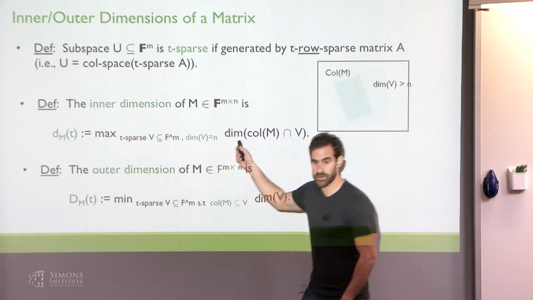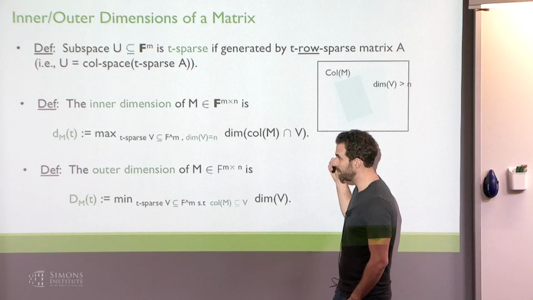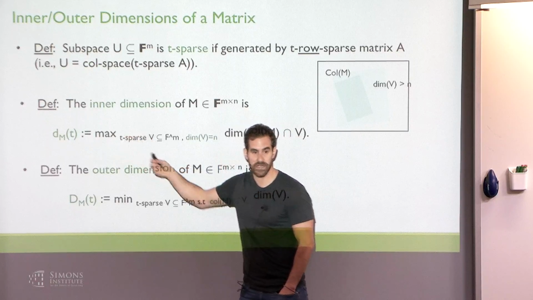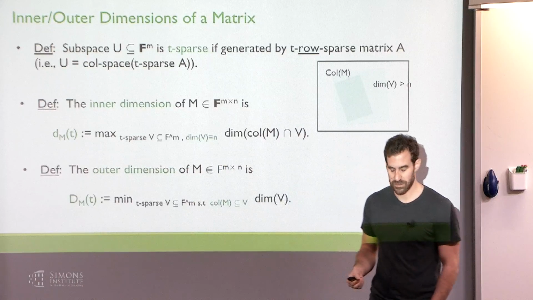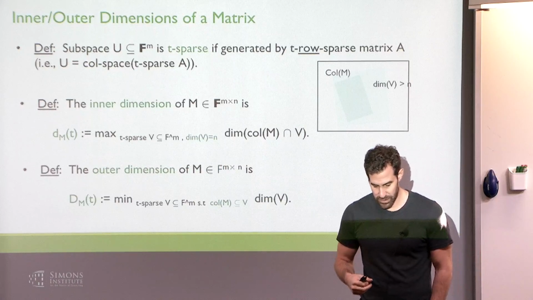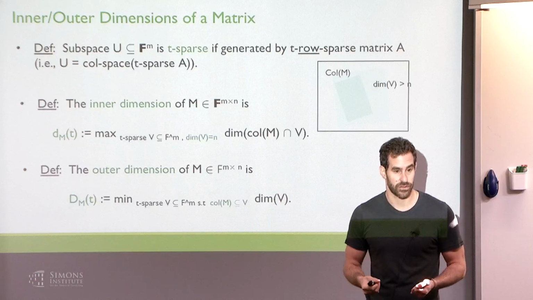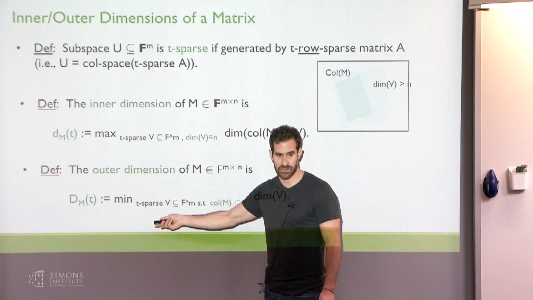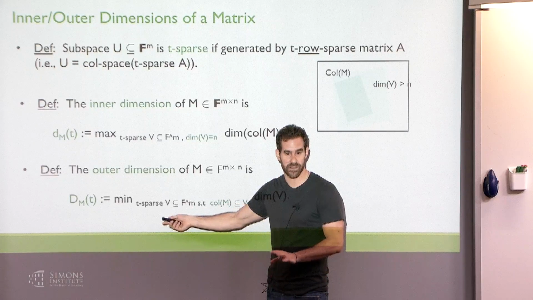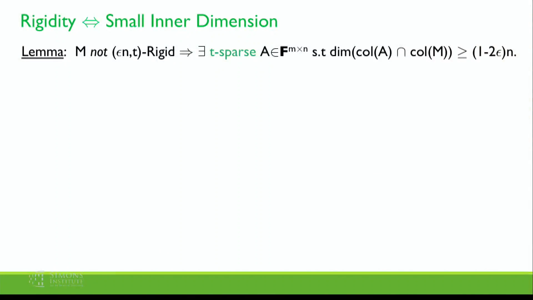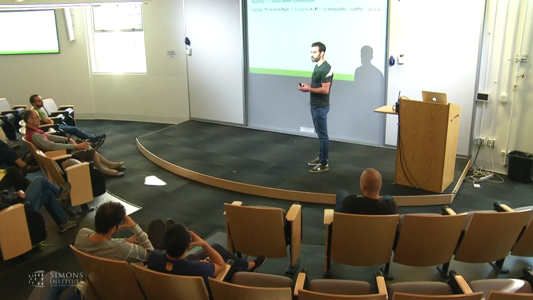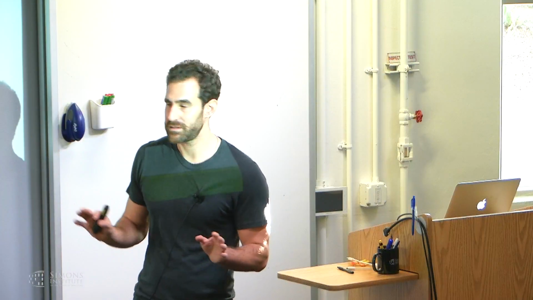And a matrix does not admit an efficient data structure, so it has a data structure lower bound, if and only if it has large outer dimension. So that's the goal in the next 5 minutes. And you will relate inner and outer later? Exactly, the whole connection will come through relating these two notions.